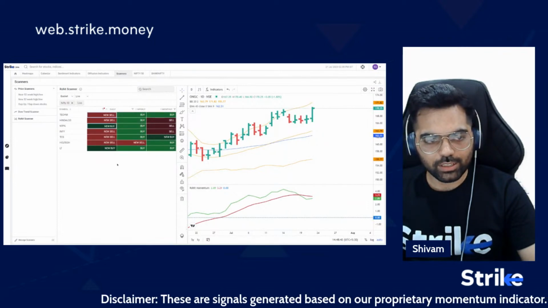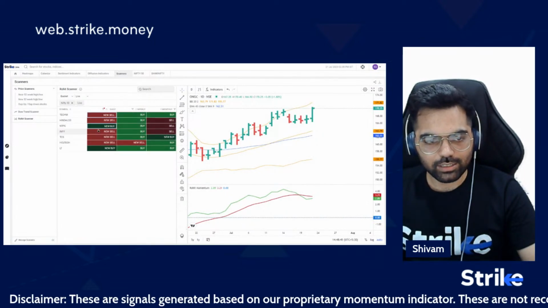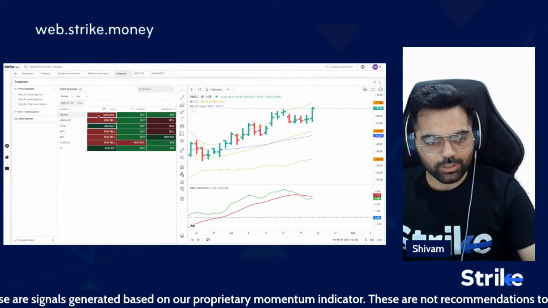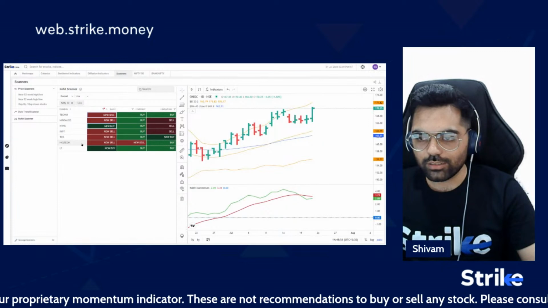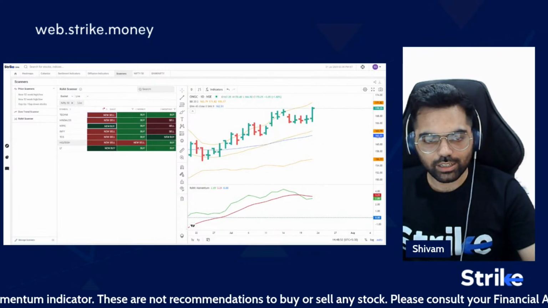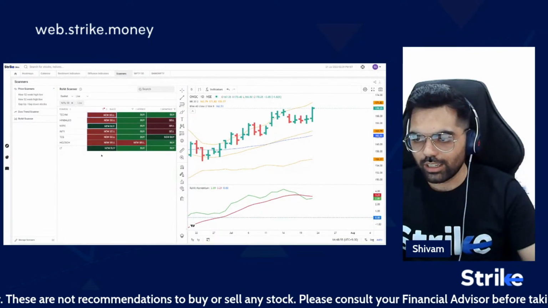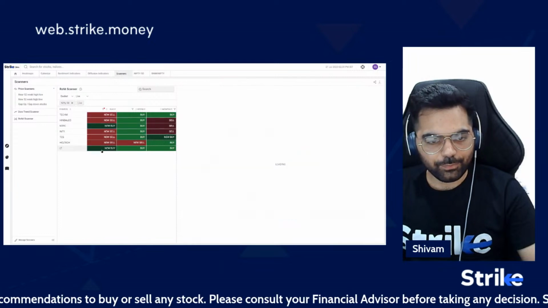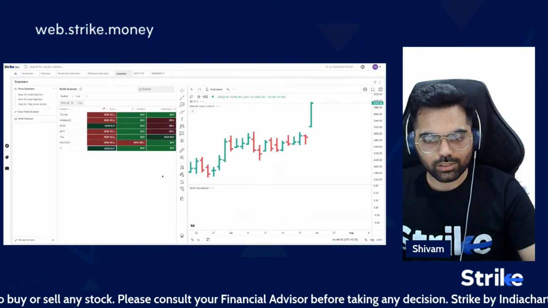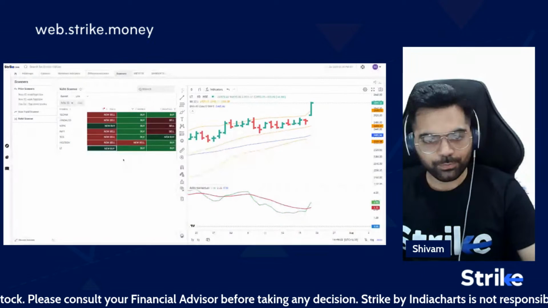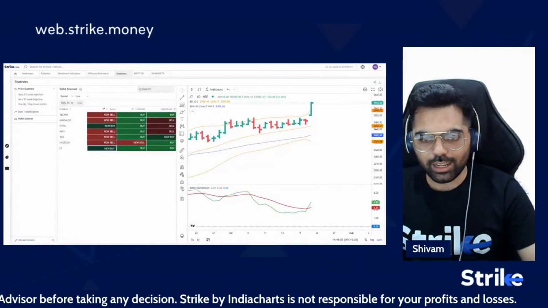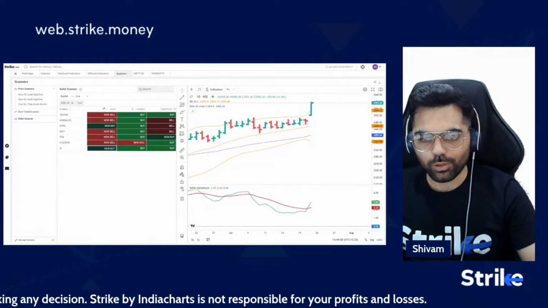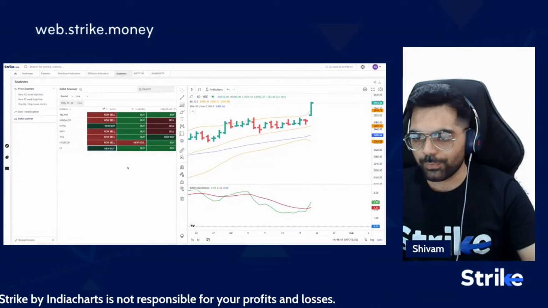There are a couple of signals coming in the Rohit scanner as well, and we can see that new sell signals are mainly dominated by the IT stocks, which are seeing some weakening and some selling due to the overall events. And there are two new buy stocks as well in the Rohit scanner. So that's how you can look for signals in real time, have stocks on your radar, and do your further analysis on the same.